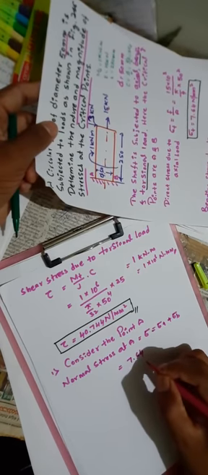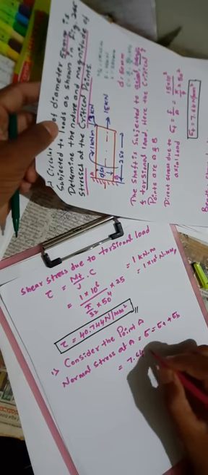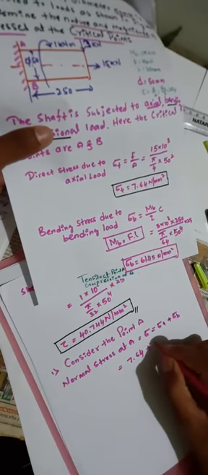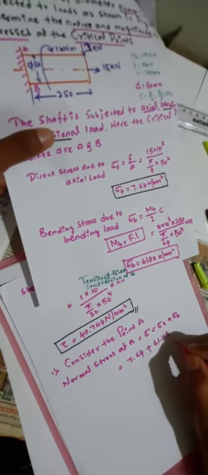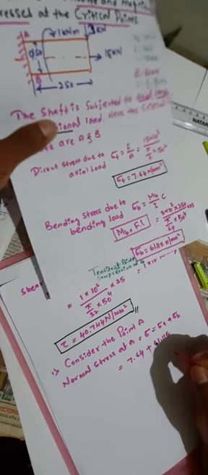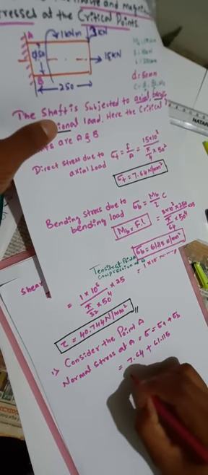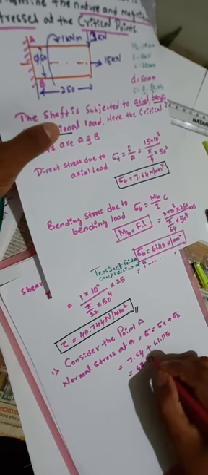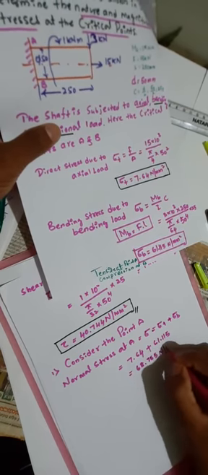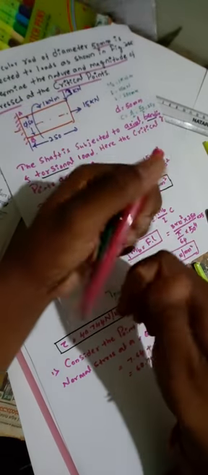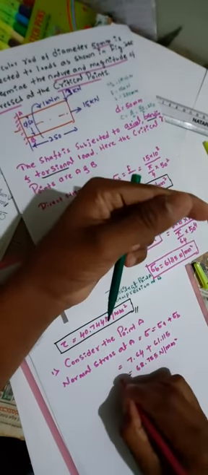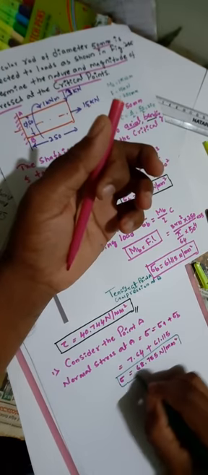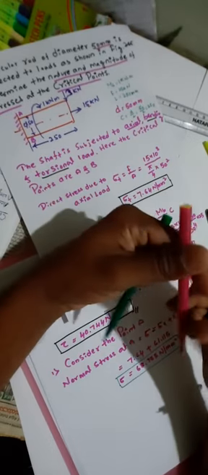The direct stress due to axial load is 7.64, plus the bending stress 61.115. If you add these two, you will get around 68.755 Newton per mm square. This is the value called sigma, the normal stress at point A.